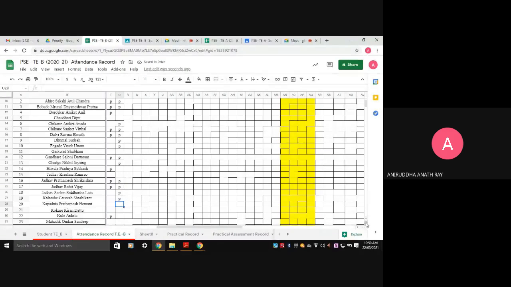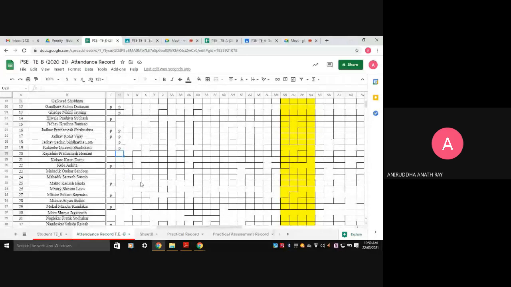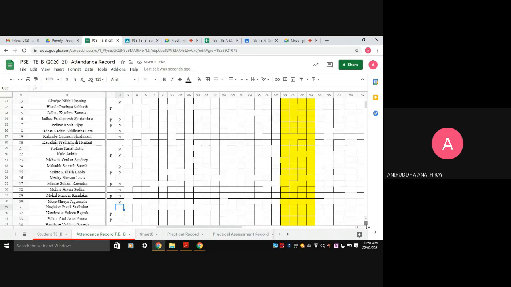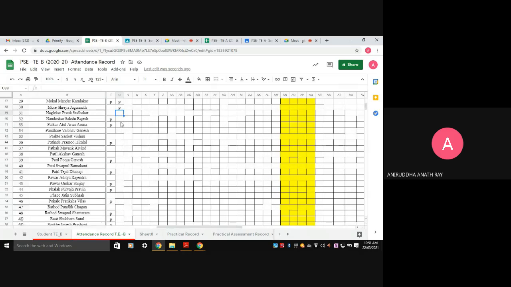Then 21 to 30: 21, 22, 25, 29, 20, 27, 28, 30. 31 to 40: 23, 35, 39, 34.